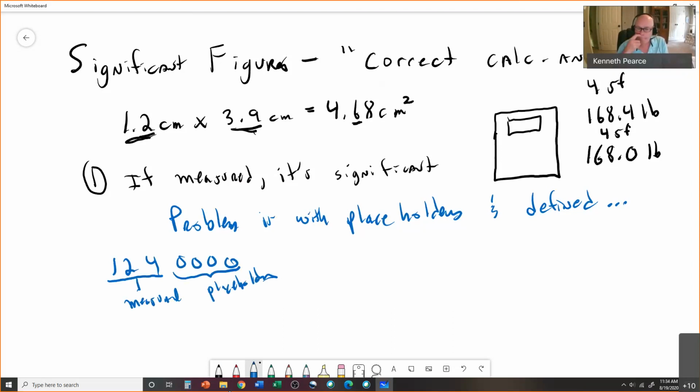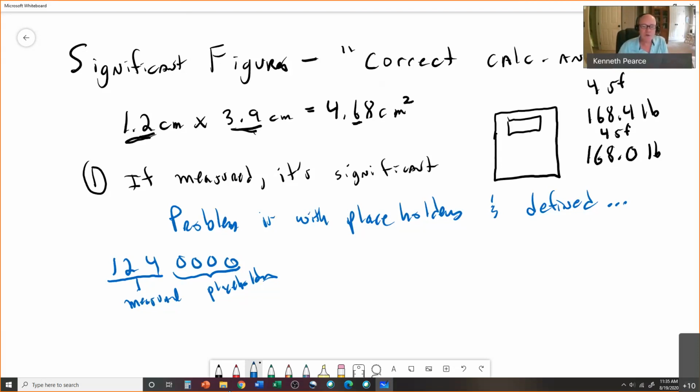Placeholders tell you how big or how small something is. And instruments, whatever you're measuring with, can only measure so many digits of precision. If you pay lots and lots of money for something, you can go out a little bit further, but there's not an infinite number of digits that you can measure with any measurement. And so those are placeholders.